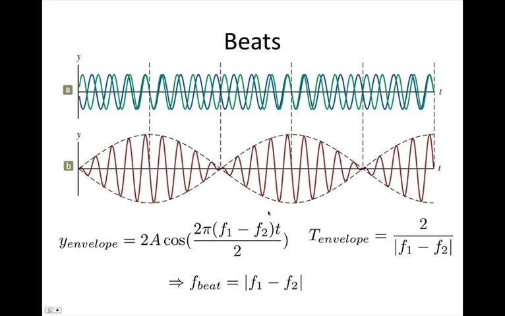Now what we actually hear if we're listening is we hear this maximum, we hear this minimum, we hear this maximum, we hear this minimum. So over that period we actually hear 2 beats. We hear 2 maximums and the 2 minimums. So the beat frequency that we hear is equal to f1 minus f2, the difference in the 2 frequencies.